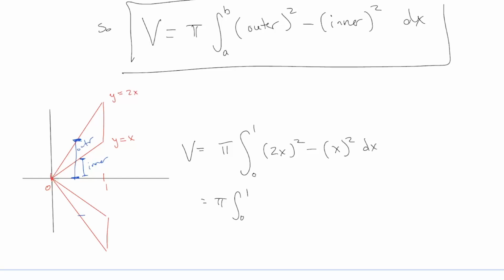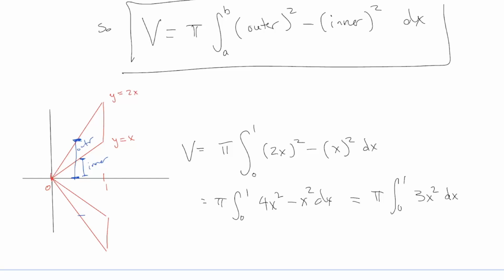You got to do something with the parentheses. Yeah, you have to square the 2 and also square the x. So it should be 4 times x squared. And then minus x squared is just x squared, right? Before integrating, I would just subtract those. It's pi integral 3x squared, right? 4x squared minus x squared is 3x squared.